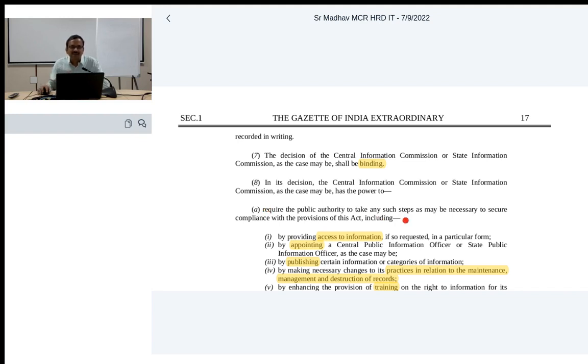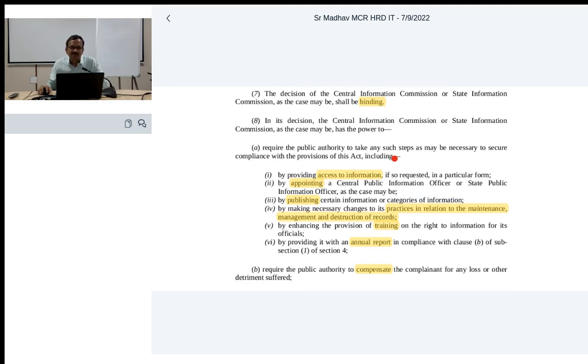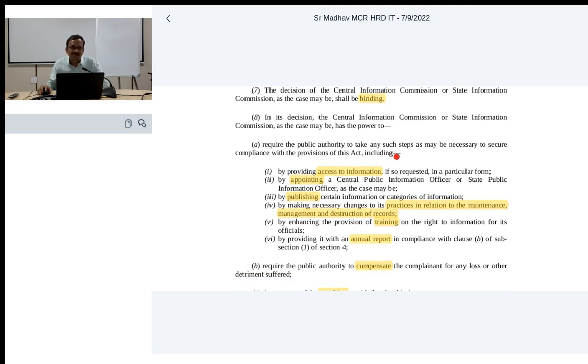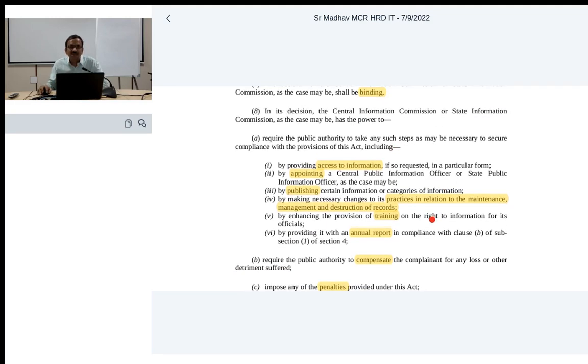And what are the various powers enjoyed by information commissions? Whenever they pronounce their decisions, they can issue the following directions under section 19.8(a). They can direct access to information. They can direct the public authority to appoint public information officers.